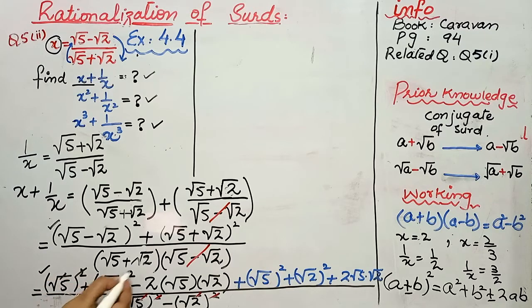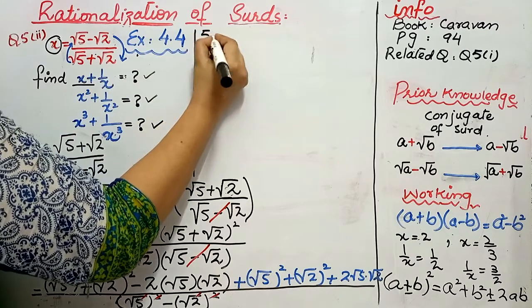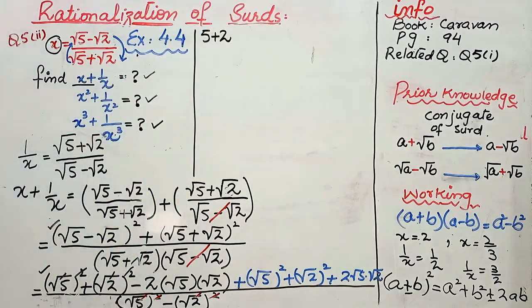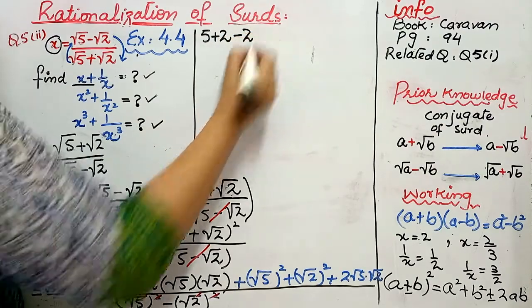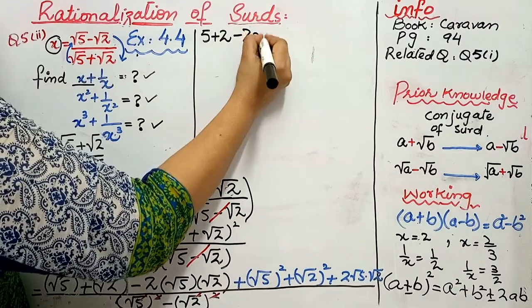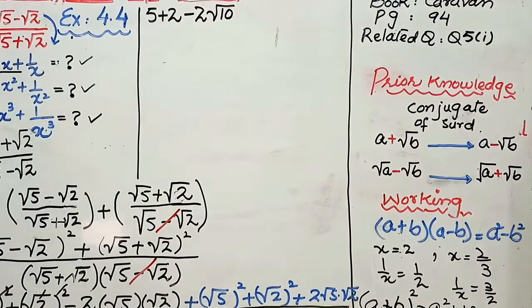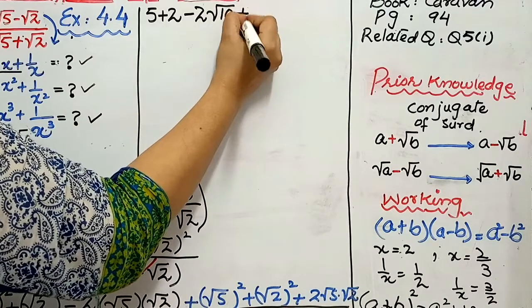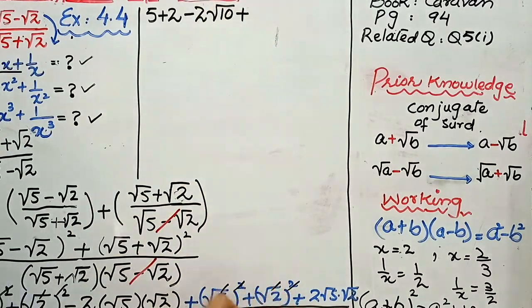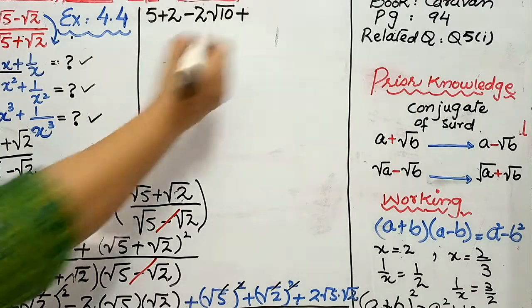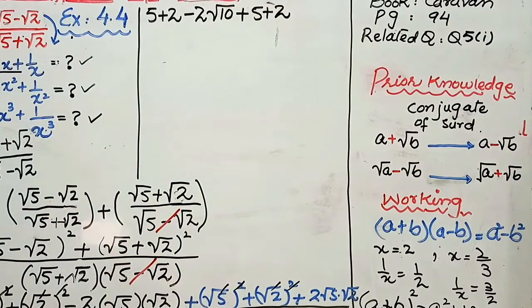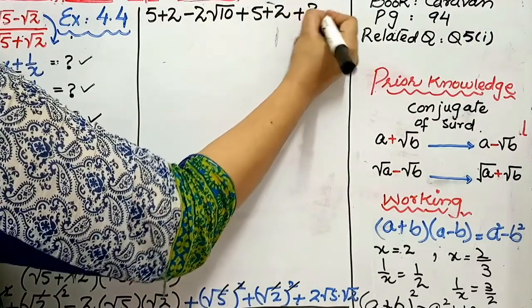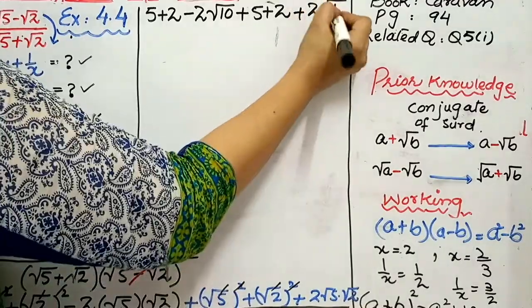This is also cancelled. So it will be 5 plus 2 minus 2 into 5 multiplied by 2, that is under root 10, plus this will be cancelled, 5 plus 2 plus 2 into under root 5 into 2, that is under root 10.